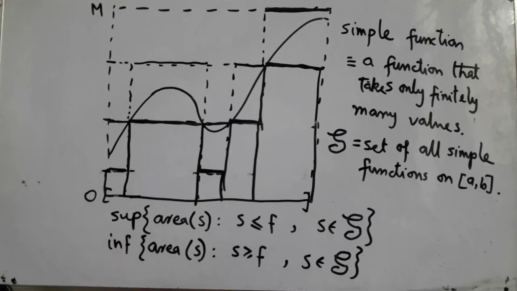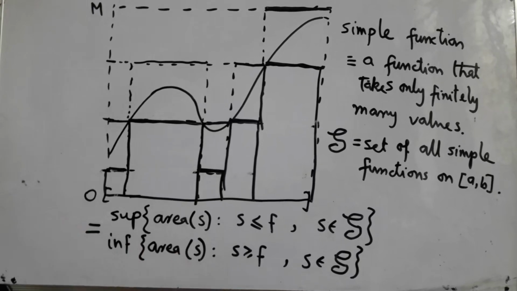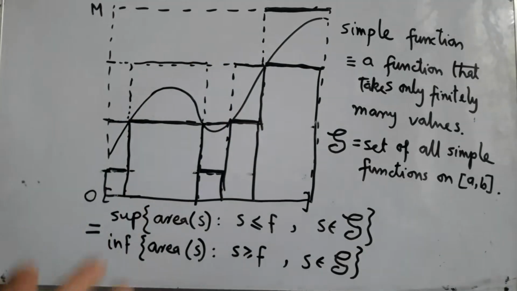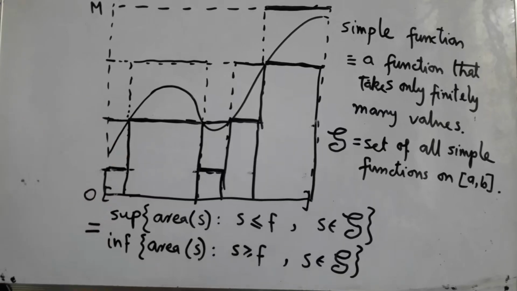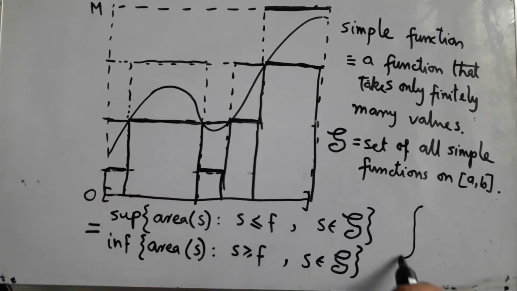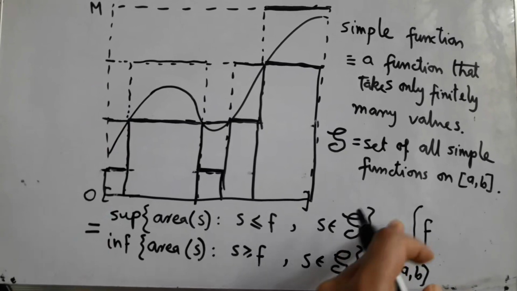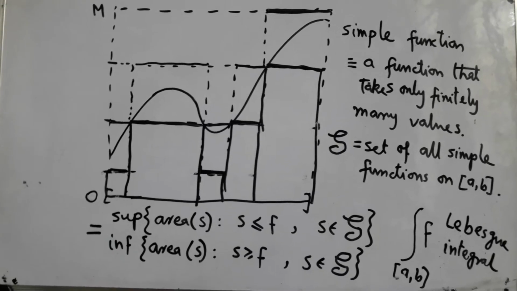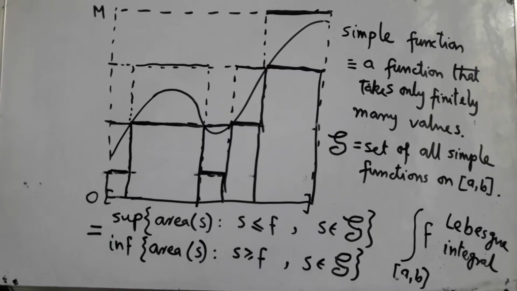Other than that, it is same. So, if these two things happen to be equal, I shall say that the area under the curve is equal to that common value, and that is something again we shall define by f over the set A to B, and that is what we shall term the Lebesgue integral.